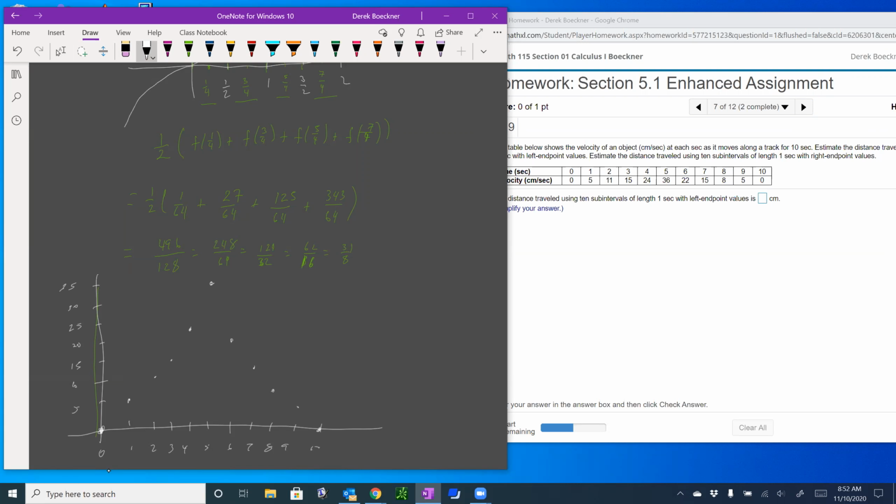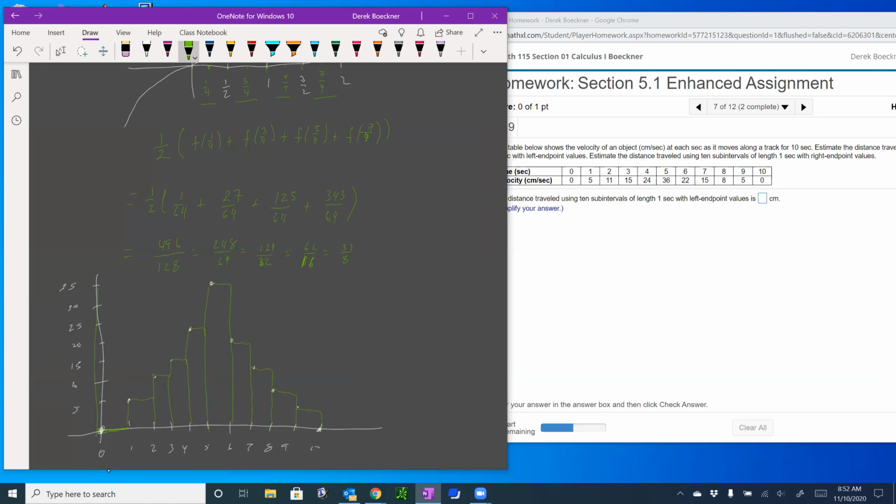But if I'm going to draw rectangles in here and I want to use left-hand endpoints, well, I'm just going to draw these guys here, right? With left-hand endpoints as being the heights.